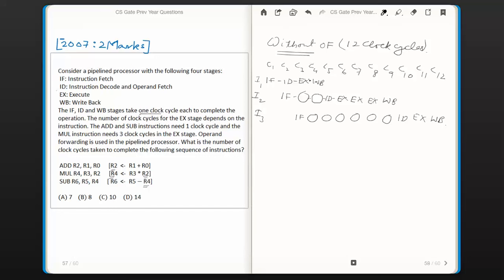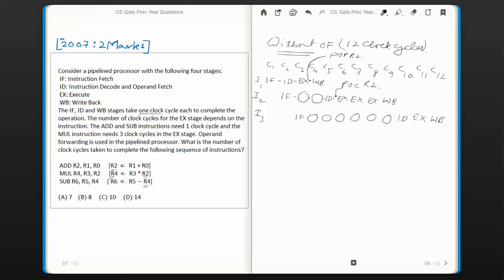So this is the point of production for R2, and the point of consumption for this new value of R2 is the input of the second instruction, right? So this is where the new value of R2 is required by the second instruction. So this is the point of consumption for the new value of R2.